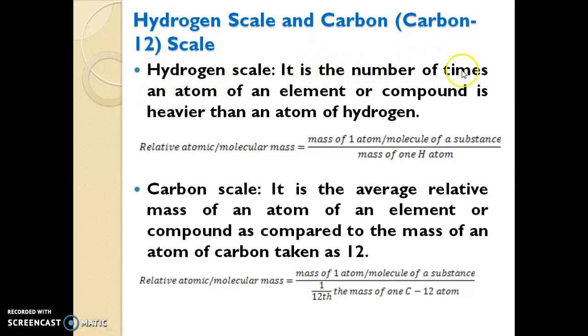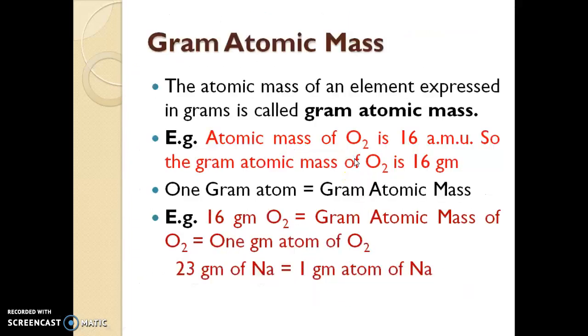It is the number of times an atom of an element or compound is heavier than an atom of hydrogen. And the carbon scale, the same: the average relative mass of an atom of an element or compound as compared to the mass of an atom of carbon taken as 12. So these 2 are the formulas. Very easy, but very important.